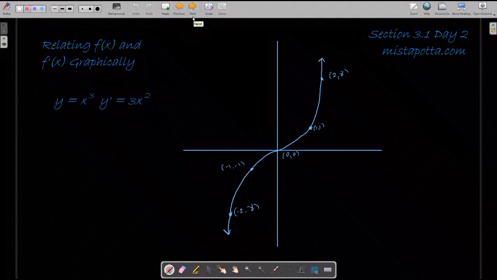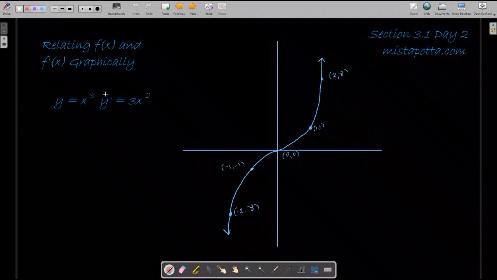Yesterday we were talking about the function where y was equal to x cubed, and we calculated that the derivative function was equal to 3 times x squared. And what I plan on doing today is talking about how this relates graphically.